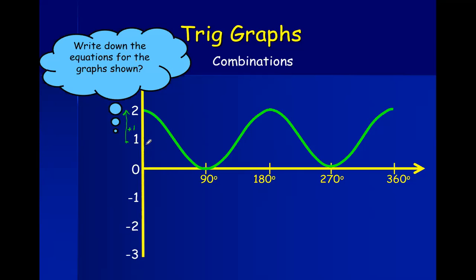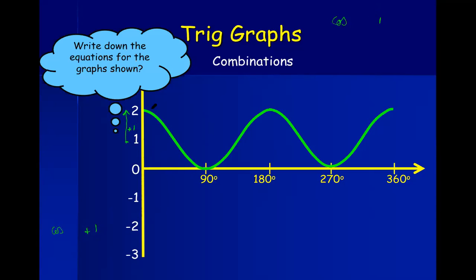Because normally we start at 1, different from the sine. So you need to know the basic cosine. So I know here I've got some sort of a cos signal. I don't know how many periods yet, but we've added +1 to it. So it's a cos of some sort +1.